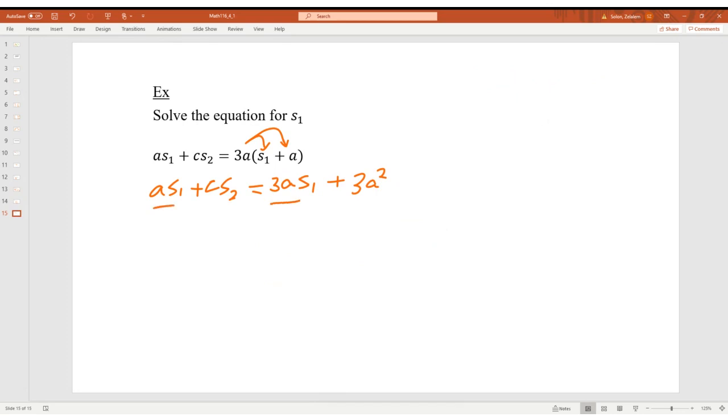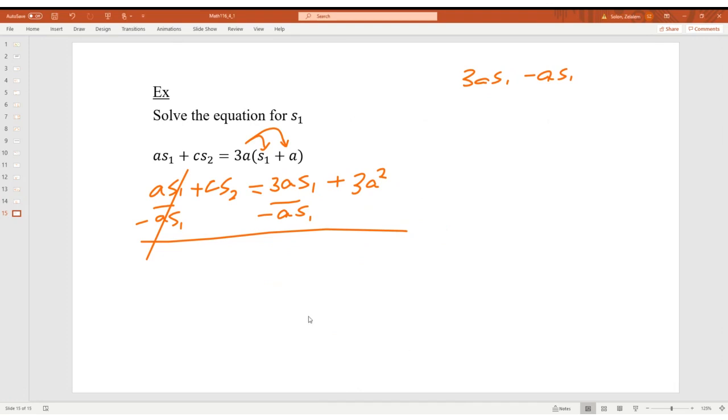So I have to move the AS1 to the right, so I subtract AS1 from both sides. What is 3AS1 minus AS1? Can you guys give me what is 3AS1 minus AS1? 2AS1. Excellent, Jasmine.